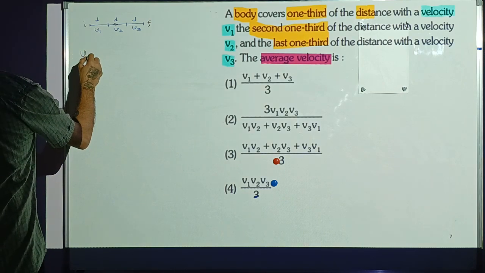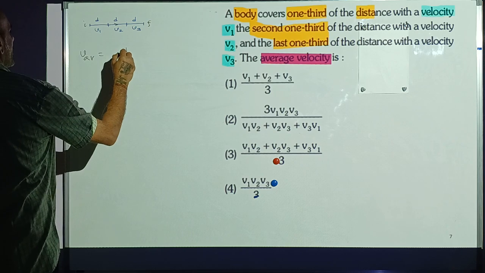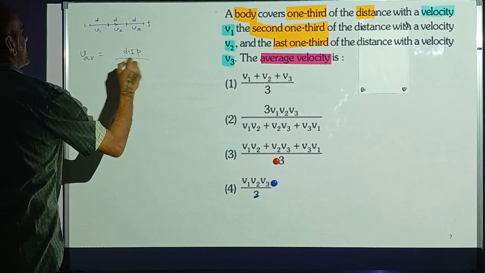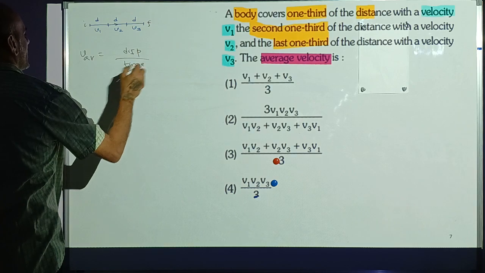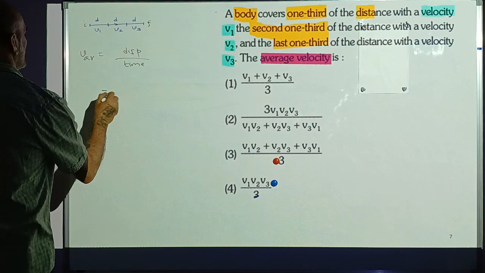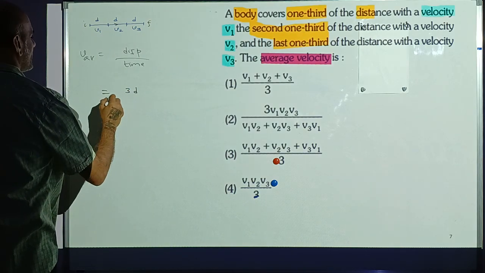So average velocity is the total displacement divided by the total time. Total displacement is how far the final point is from the initial point, which is 3d.